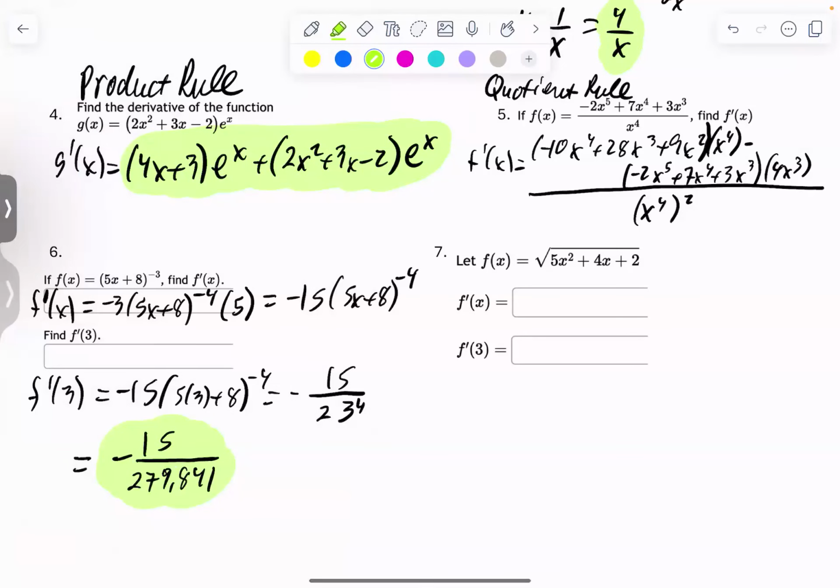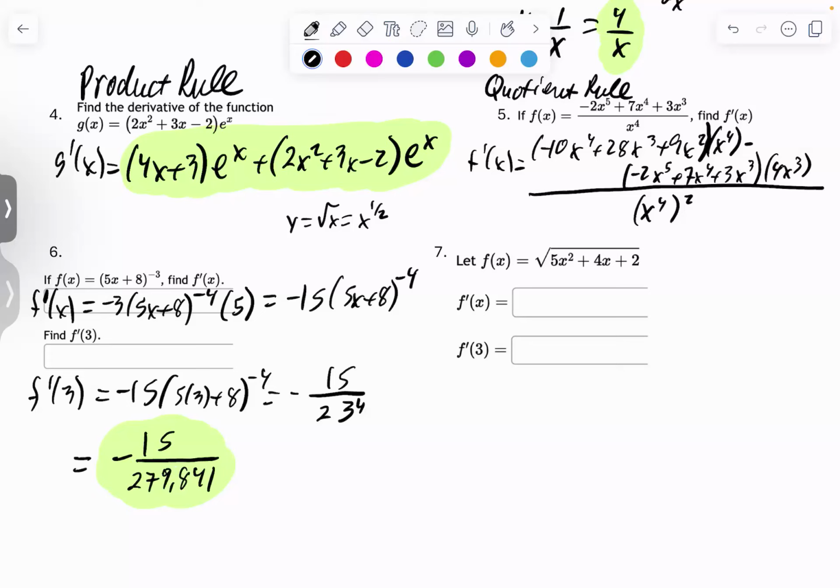All right, so for number 7, I want to go off to the side just for a second and say if I have y equals root x, that's the same as x to the 1/2 power. If you remember our exponent rule in the previous video, when you have a square root and there's nothing in the index, there's not a 2, there's not a 3, there's not anything, then it's assumed to be a second root. So square root of x is x to the 1/2 power.